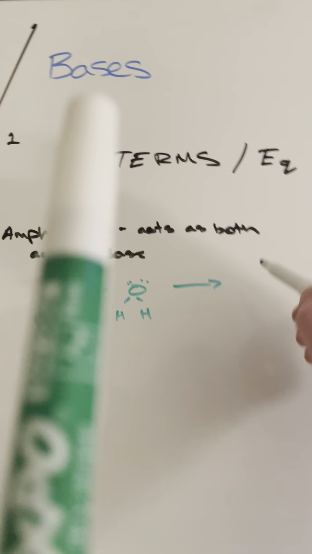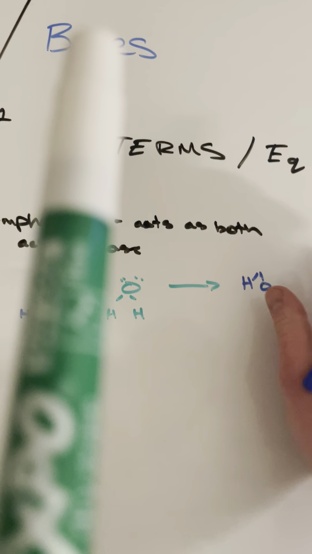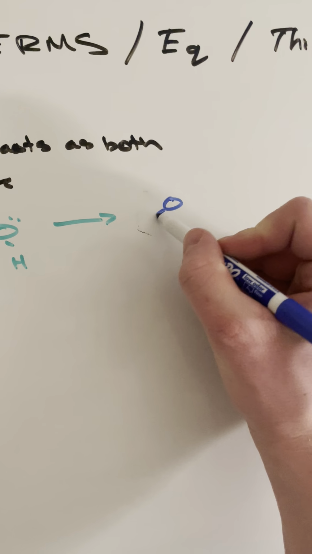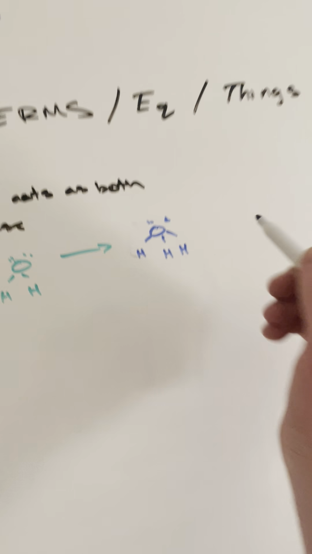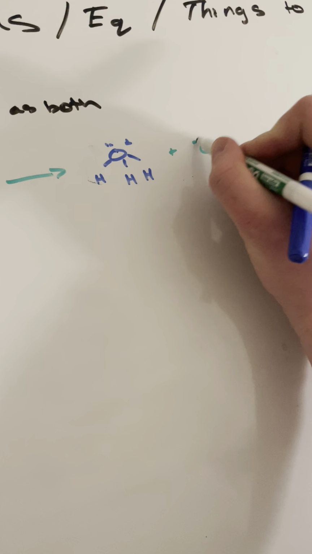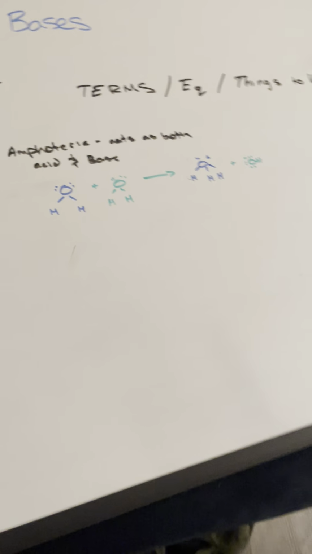And then so we get H3O plus, and then you're also going to get OH minus from that, because it acts as both a proton donator and acceptor. Cool. I'll probably be using those again.